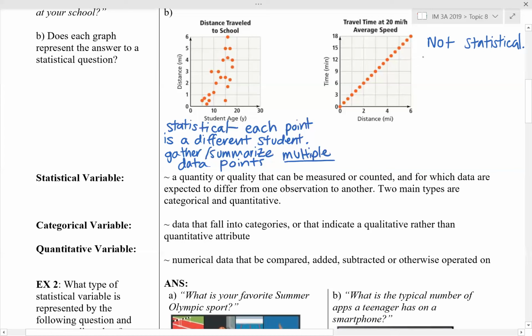Again, this question's answer varies predictably because there's only one answer.